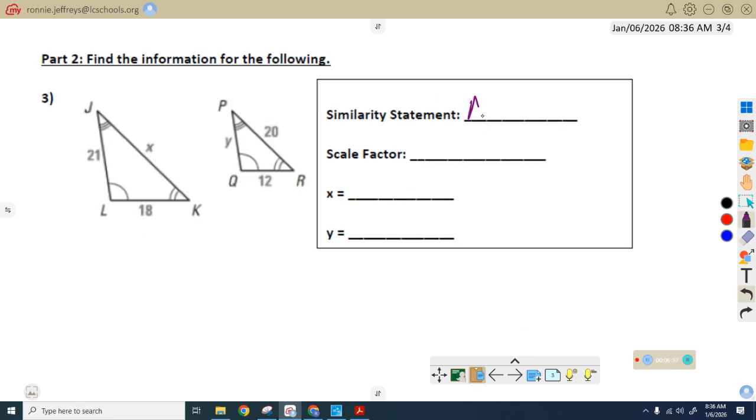So triangle LKJ is similar, remember that little squiggly line, to QRP.